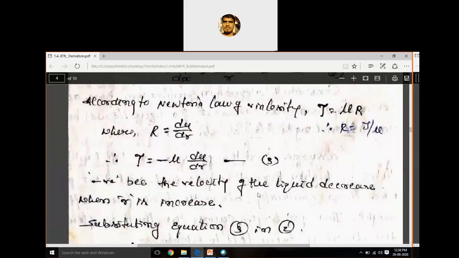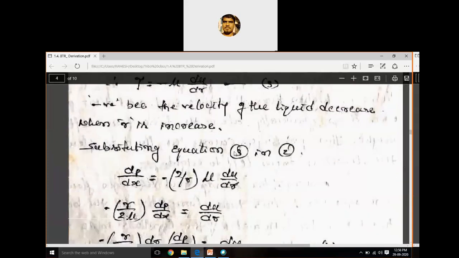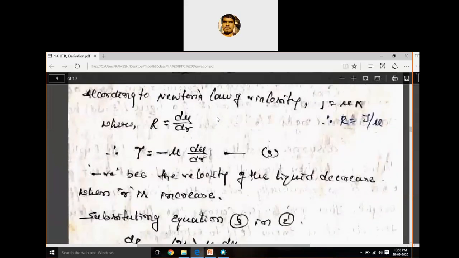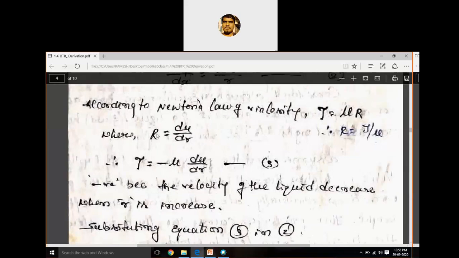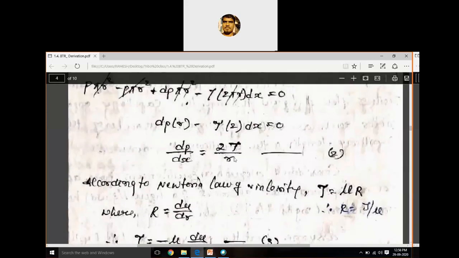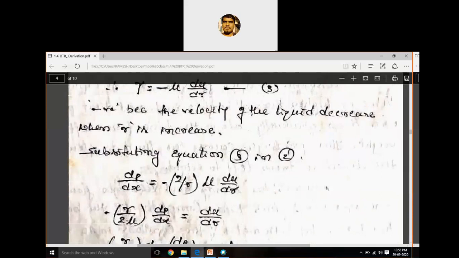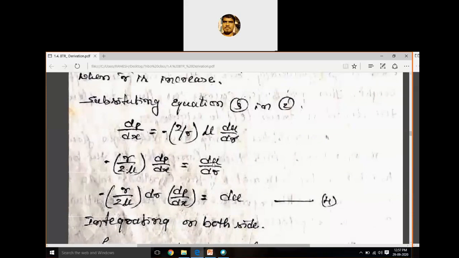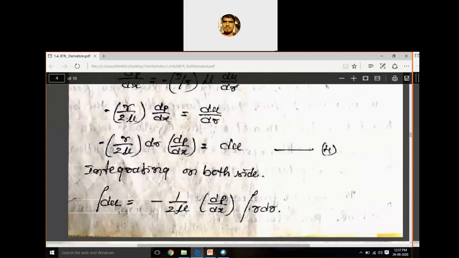Now substitute equation 3 in 2. Substitute equation 3 in 2. dp by dx is equal to, in the place of tau, you just write minus 2 by r mu du by dr. And if you just rearrange, minus r by 2 mu dp by dx is equal to du by dr, where just multiply this r to the left side, it becomes du is equal to, we need a velocity, so separate the du term. du is equal to minus r by 2 mu dr dp by dx.